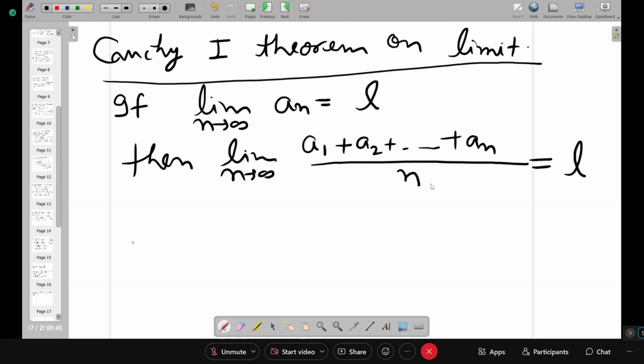The proof of this is not in your syllabus, so you just have to remember the formula. If the limit of this sequence is L, then the limit of this sequence will also be L.